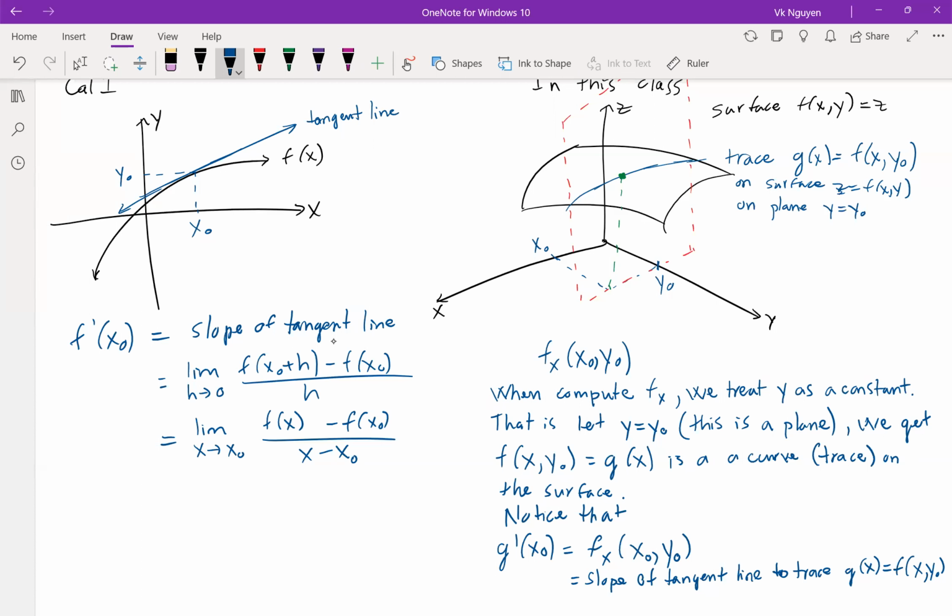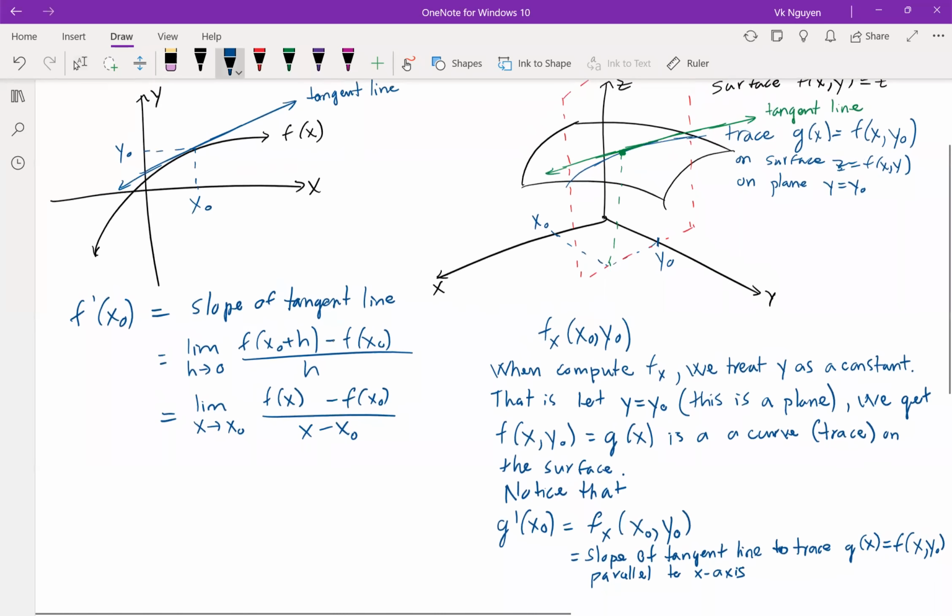So it is gonna be parallel to the x-axis. The tangent line is parallel to the x-axis.